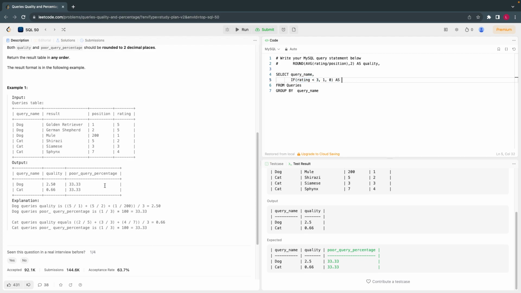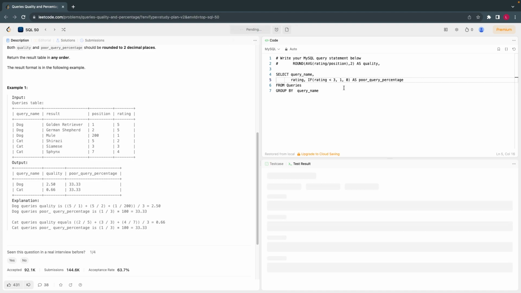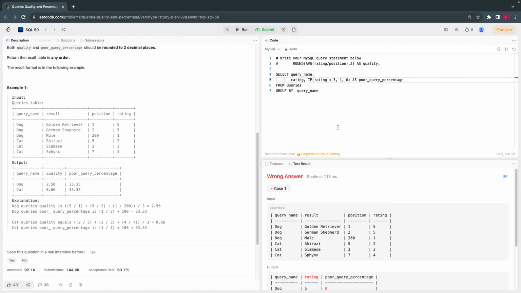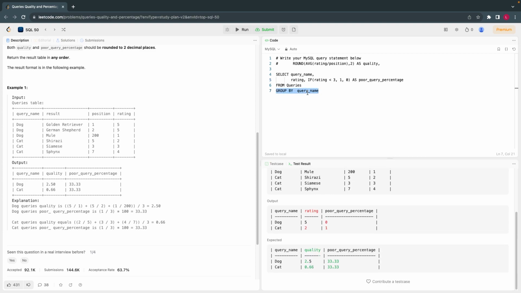Let's also take this one, rating. So what I'm trying to say here is, you will get an idea. Let's also remove group by.